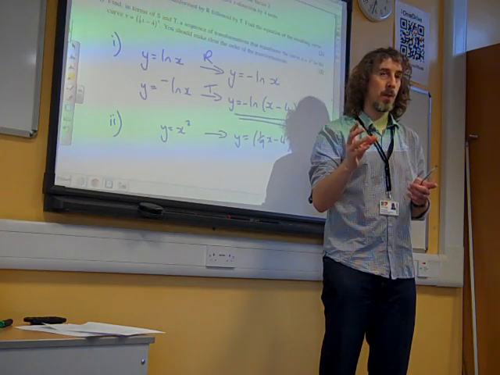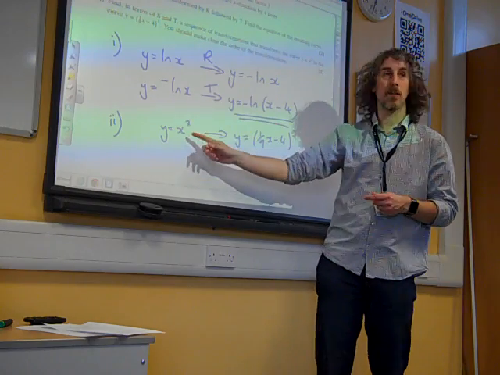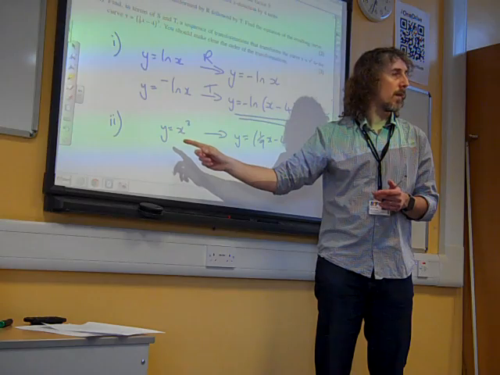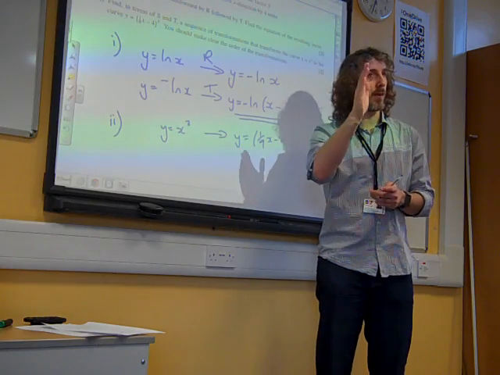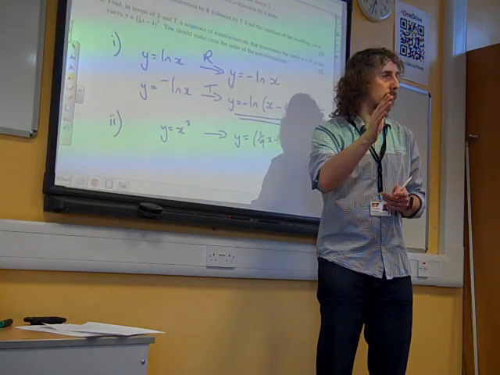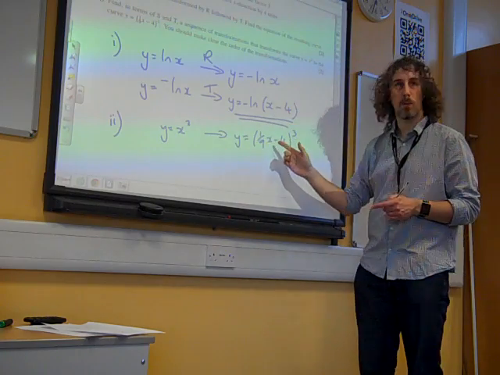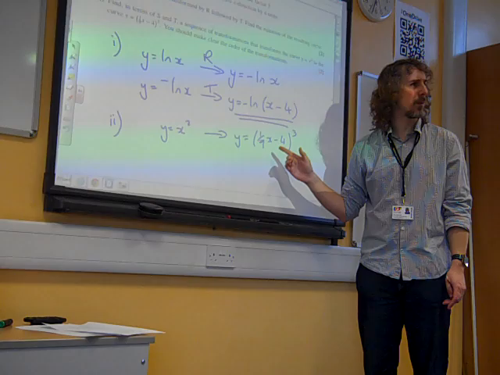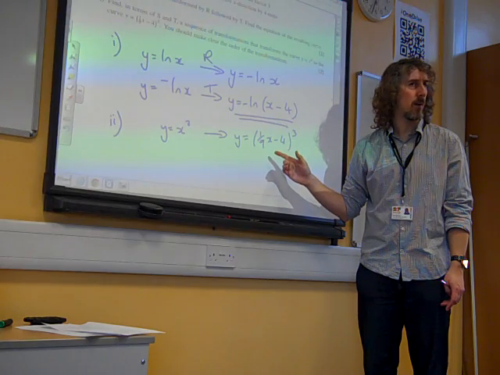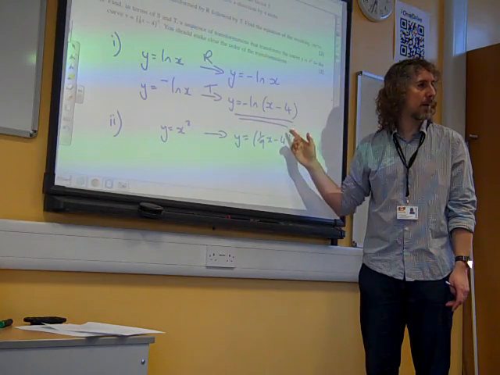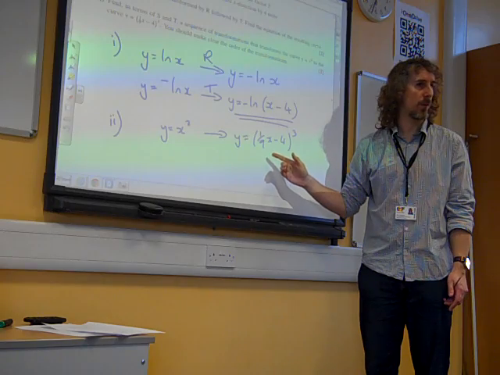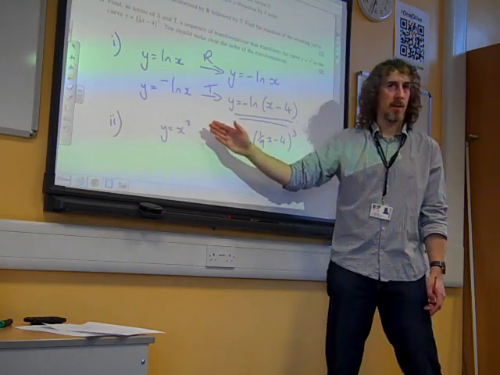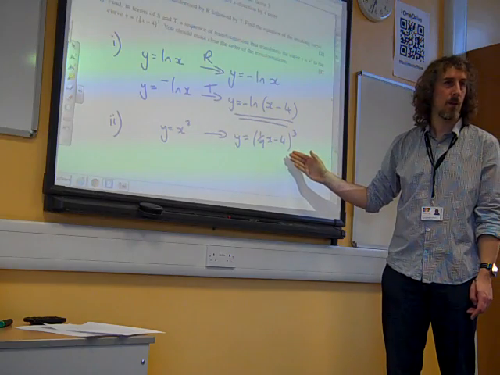So for example, let's think about the point 0, 0 on the curve x cubed, the point where it crosses the x-axis. Well, in this one, that point is at x equals 36, because the point where that becomes 0 now is x equals 36. So what's happened to 0, 0 to get it to 36?